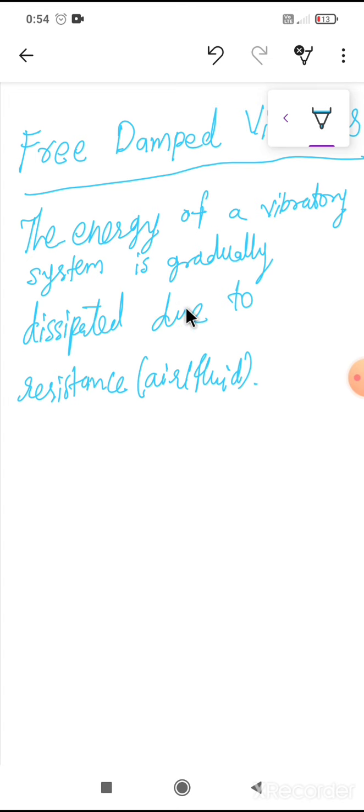So what it is saying is that if there is a pendulum oscillating from left to right, after a certain amount of time it will stop oscillating. Why is it stopping? It is because of the air. That air becomes a resistance.